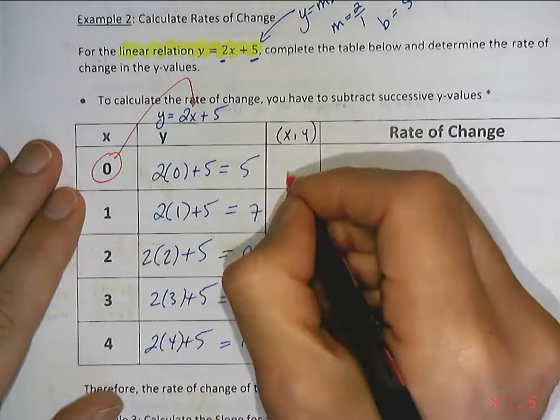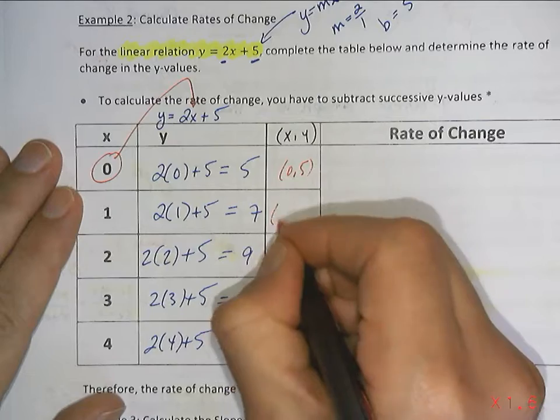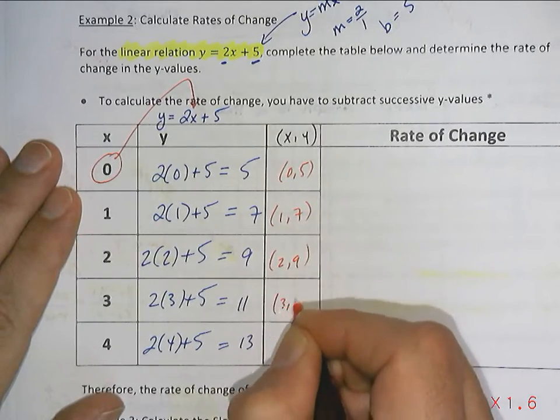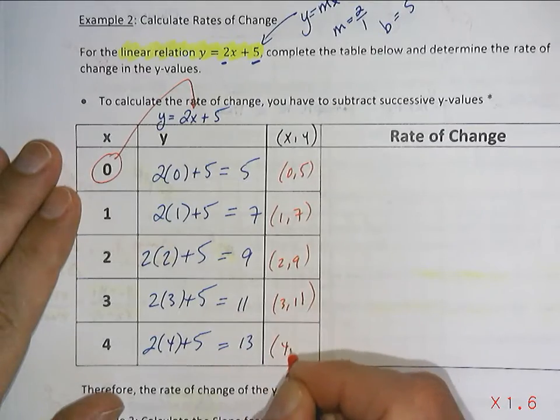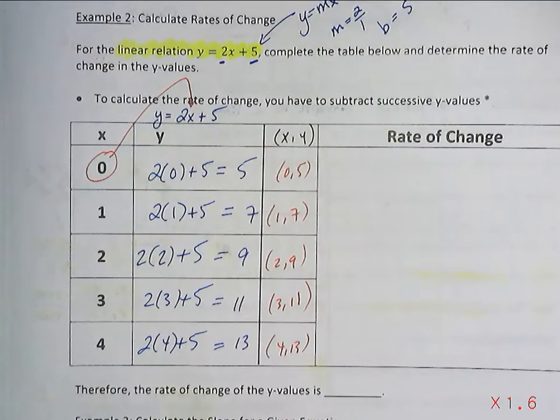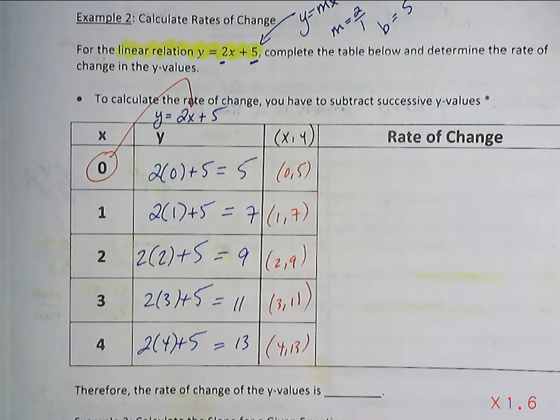And what we've got is 0 comma 5, 1 comma 7, 2 comma 9, 3 comma 11, and 4 comma 13. So you actually have 5 points that go on this line.